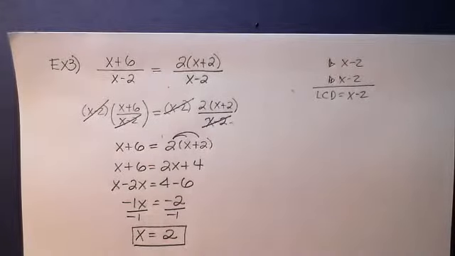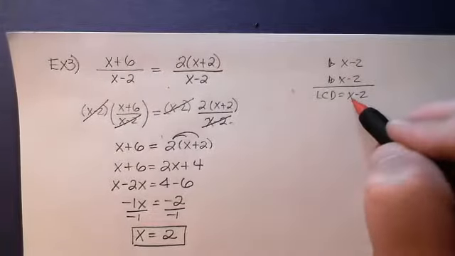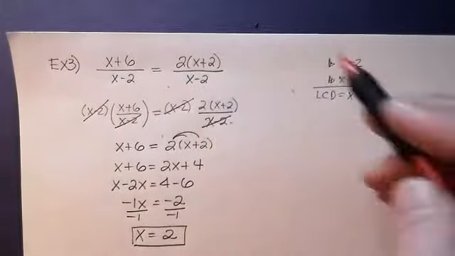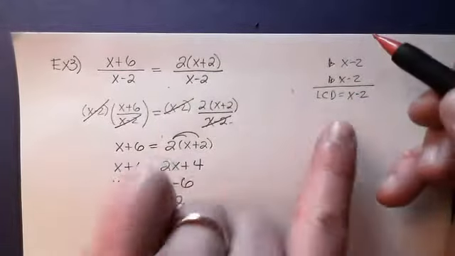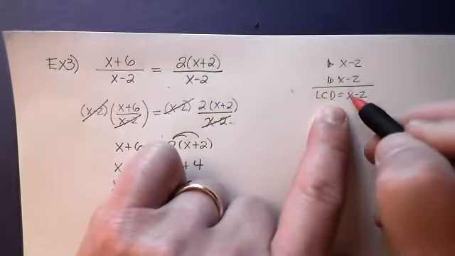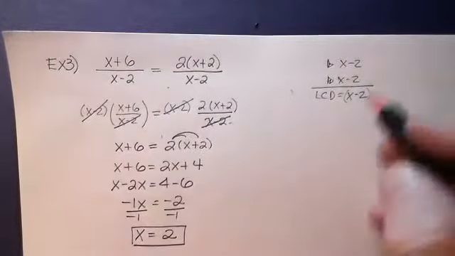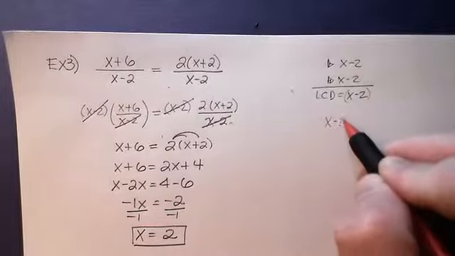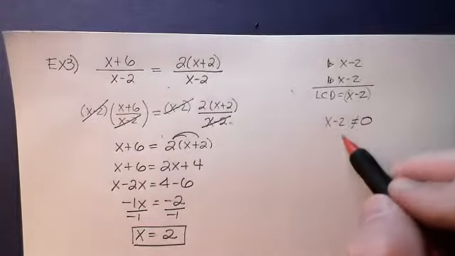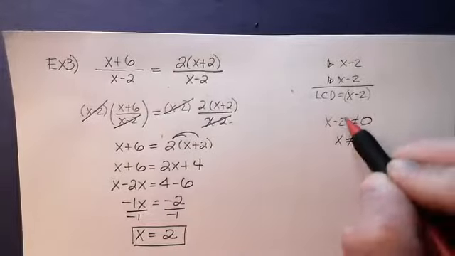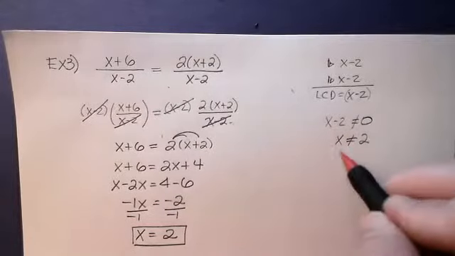Now we need to check if this is going to be a valid answer. Okay, if you notice your denominator, or at least the denominator here is x minus 2, or basically instead of looking over here, what you can do is just look at the least common denominator. And one of our denominators here is x minus 2, and we need to make sure that that cannot equal 0. So in other words, if we move the 2 to the other side, x cannot equal positive 2.